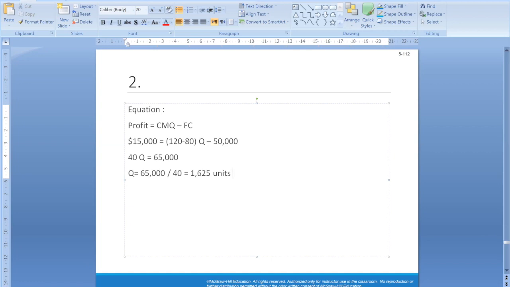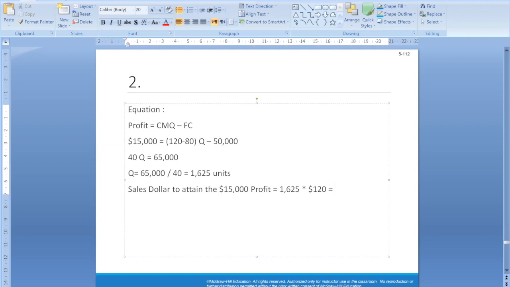By the way, we calculated it here by units, and then we can see the sales dollars to attain the 15,000 profit equal 1,625 times the $120.